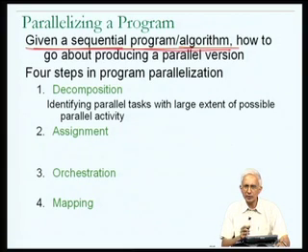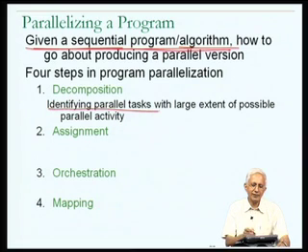In general, depending on what the application is, there may be an appropriate number of parallel tasks that will be best for achieving the parallel objective, and identifying what those parallel tasks might be in the step called decomposition may be the first activity to take place. Rather than trying to think right from the beginning about the variables or the nature of the reducers and scatters, at the first step, try to figure out what is the nature of the parallelism and what might be the appropriate level of parallel task activity.